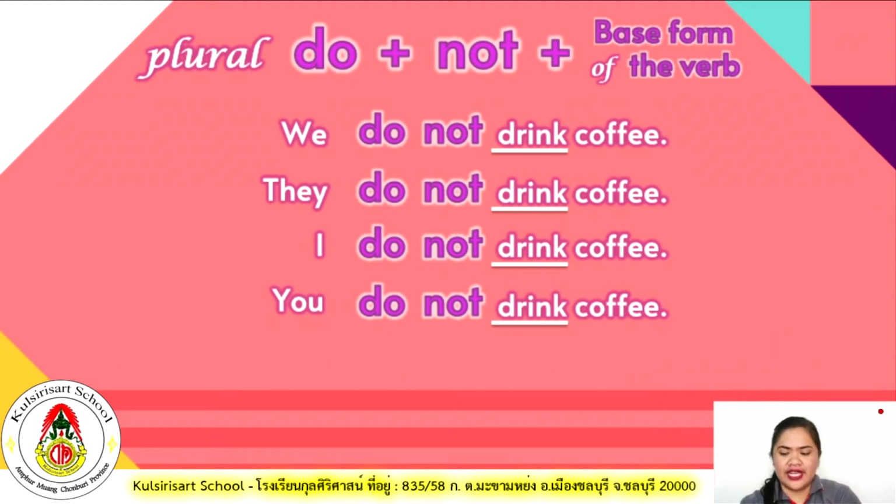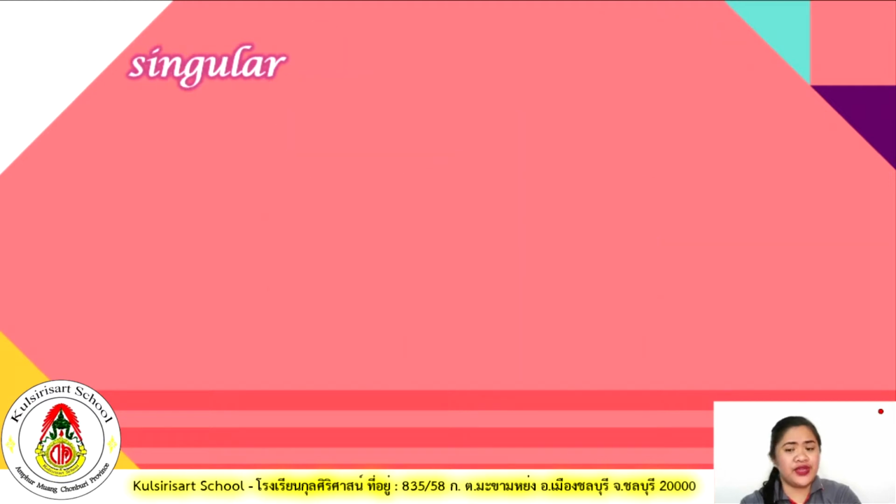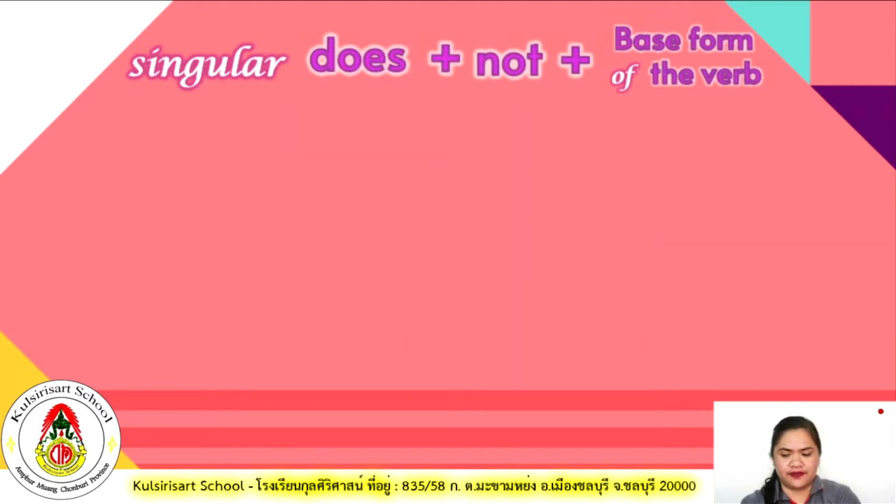Next, we have here the singular. Okay? When we talk about singular, we will use does plus not plus the base form of the verb. Do you understand? Very good.